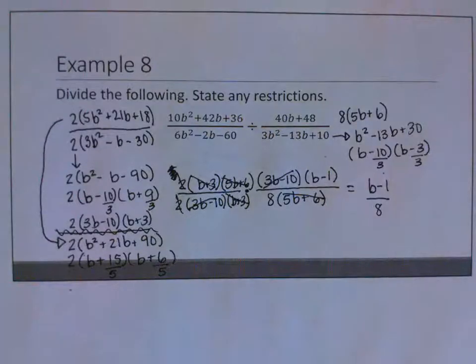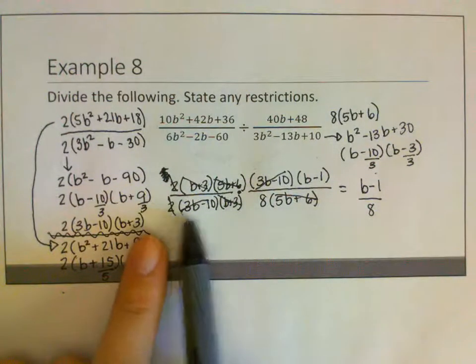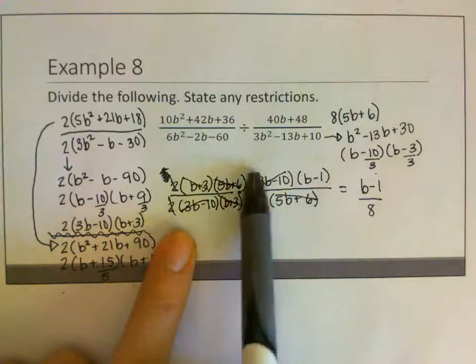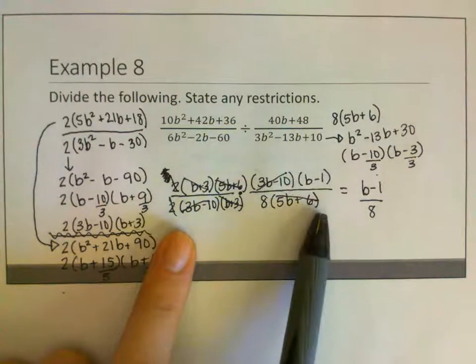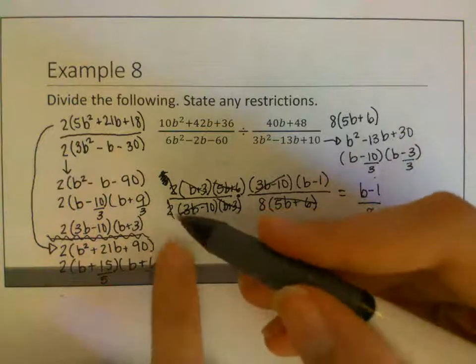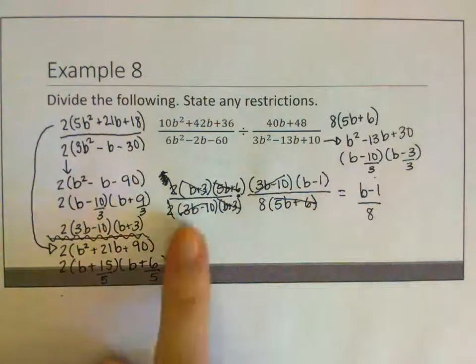My final step will be to determine what are the restrictions. So I'm going to look through each of my factors in the denominator of the first function and the numerator and denominator of the second one. So here, 2 is not going to change anything. If I set 2 equal to 0, it's just a not true statement.